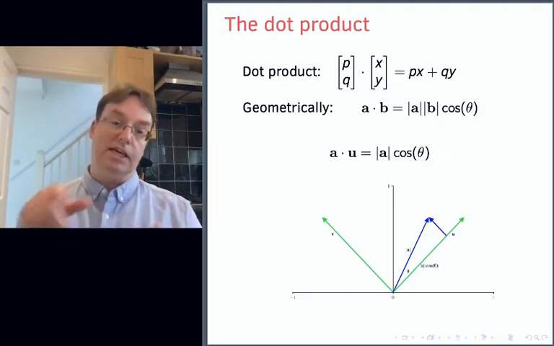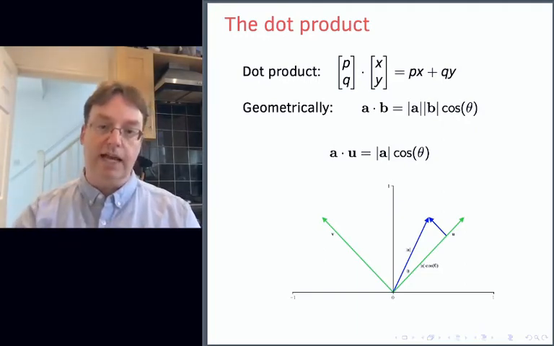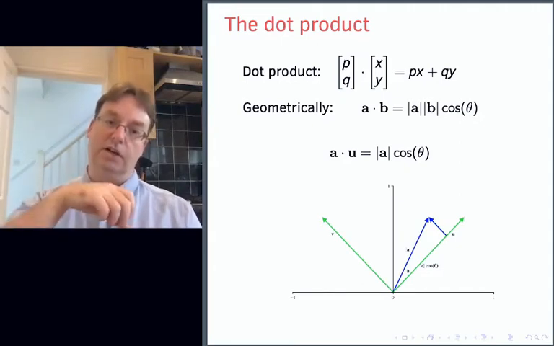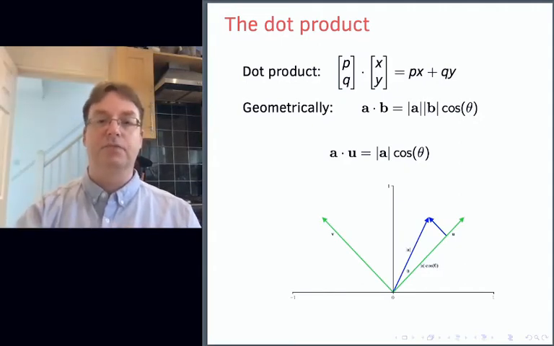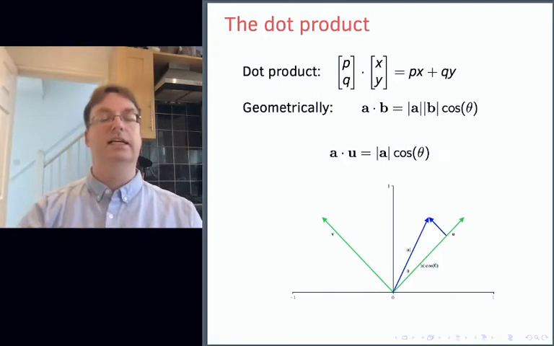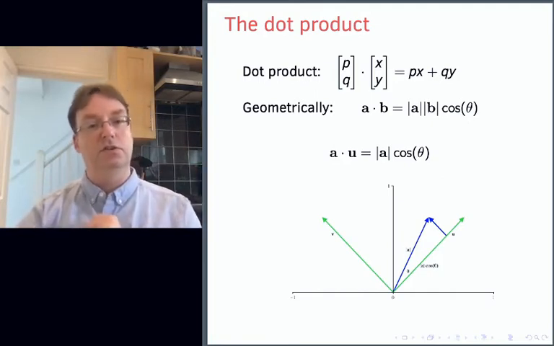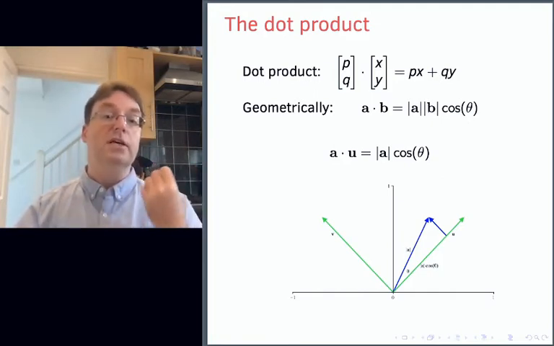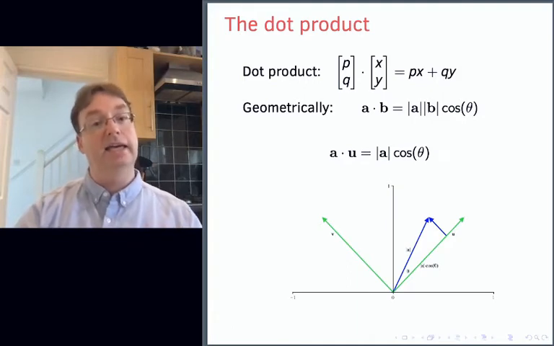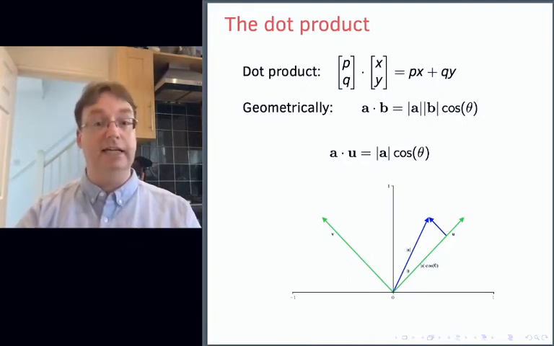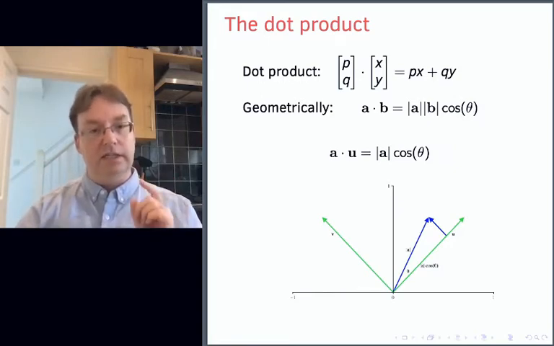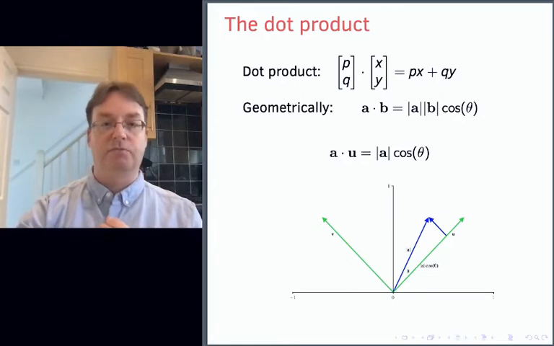Now, if I think about the right triangle that I've drawn here, so I've got the u direction, and then I've got the a vector, and then I drop a perpendicular from the a vector onto the u direction. Well, the component of a in the direction of u is exactly the length of a times cosine theta. So the dot product computes the components for us.